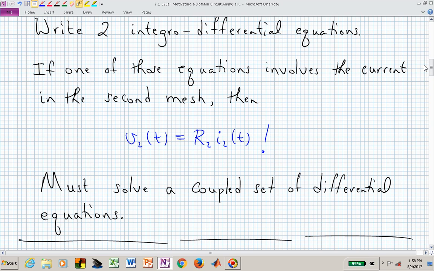That really means that we're solving this coupled set of differential equations. And like I said, we could write the differential equations and then go into the frequency domain.